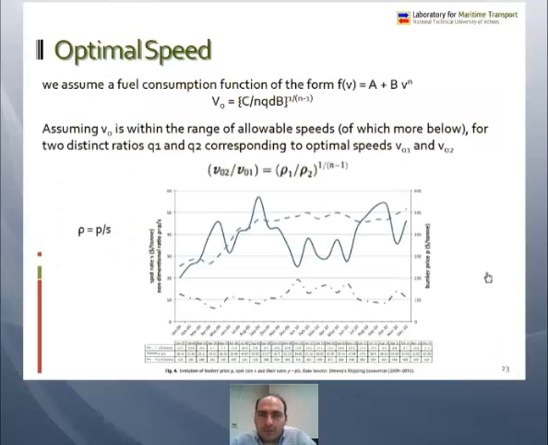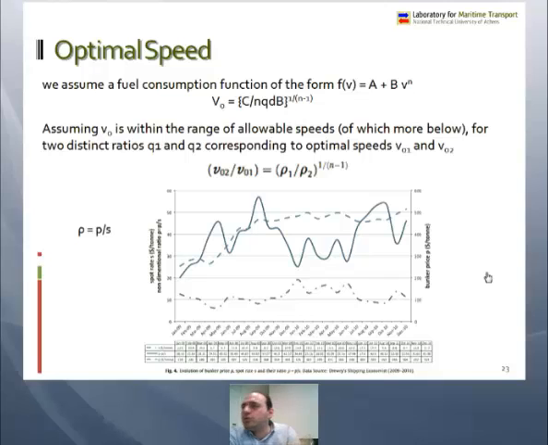In this paper that I mentioned just before, we assumed a fuel consumption function in that form that you can see. Actually, this is a very interesting form because, as you probably know, fuel consumption is mainly related to this factor B and to the ship speed in the exponent of n.